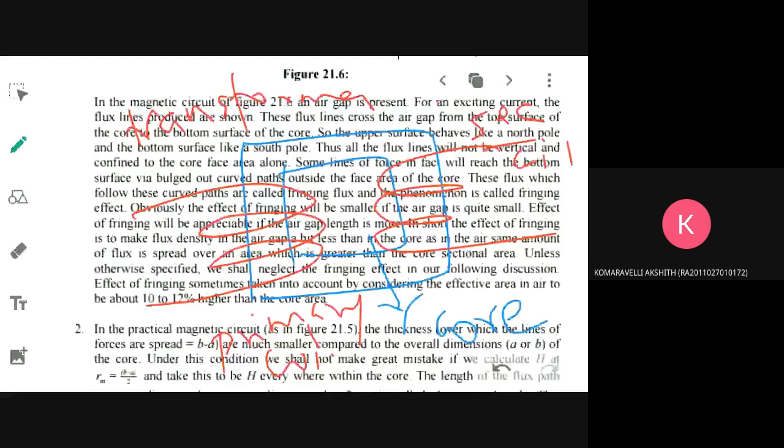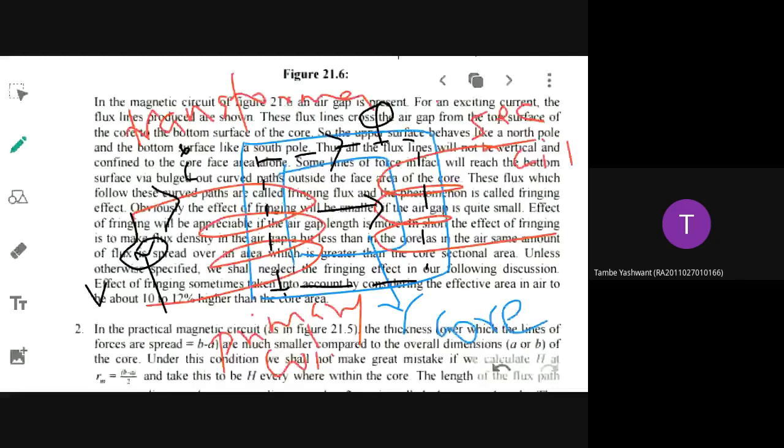Suppose I connect the primary to an AC supply, a magnetic field will be set up. These are flux lines that travel from the primary side to the secondary side and link with the secondary.